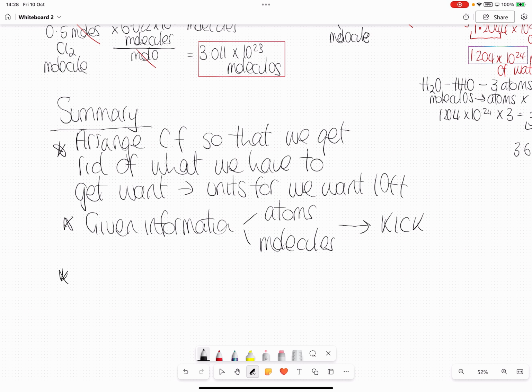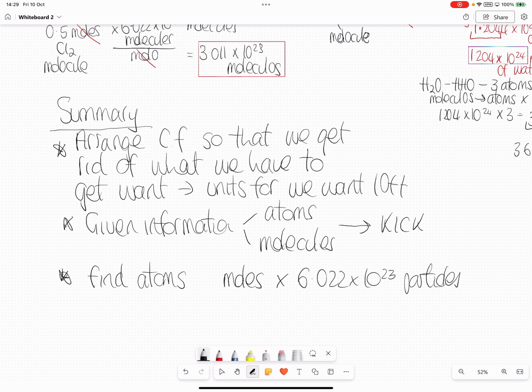So the last little bit that I'm going to say is that if we are trying to find atoms or molecules, you're going to essentially multiply moles by Avogadro's number, 6.02 by 10 to the 23 particles.